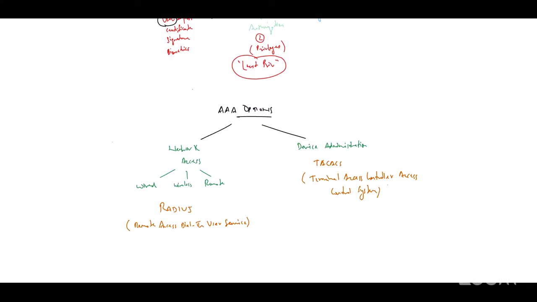From a device administration perspective, how would you access a device? You could use Telnet, SSH, or HTTPS. That's how you are able to log in or connect to the terminal of a device. So TACACS was developed to protect this device administration.